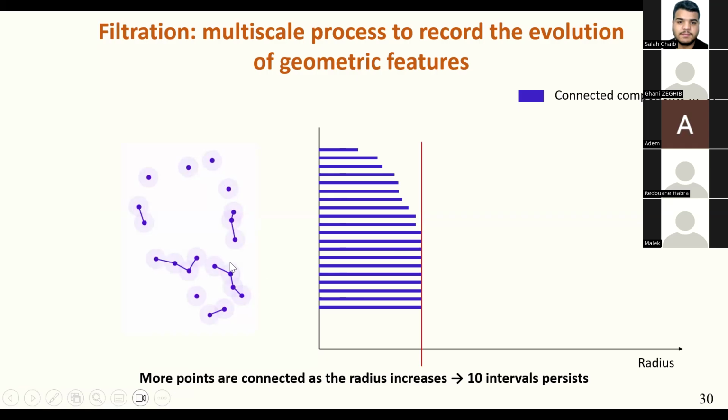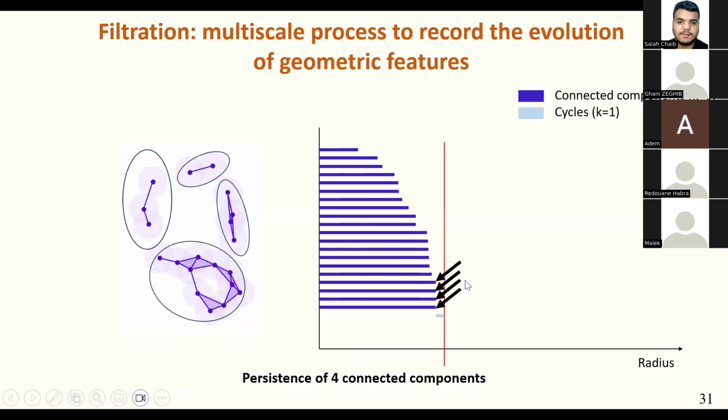At this step of the filtration, we have 10 connected components, which are represented by 10 persistent intervals in the barcode at this stage. We increase the radius a little bit more. At this step, we have 4 connected components that are represented by 4 persistent intervals in the barcode.